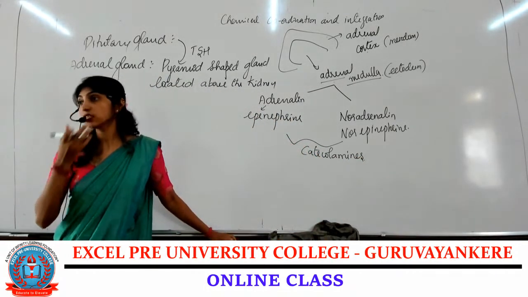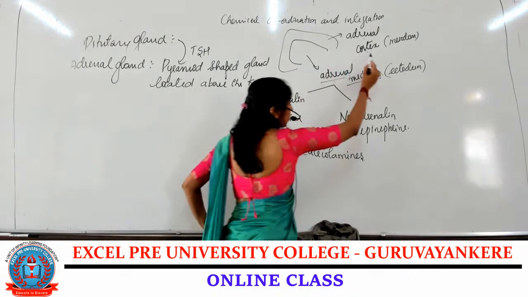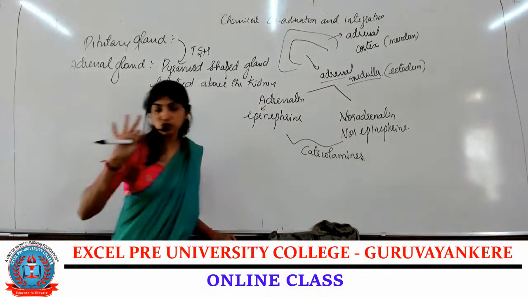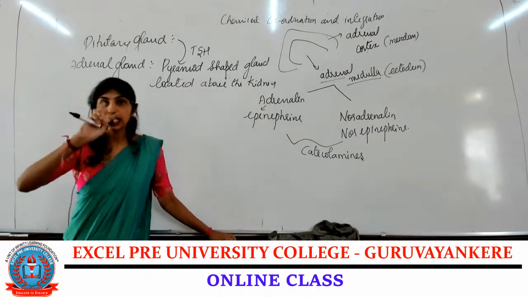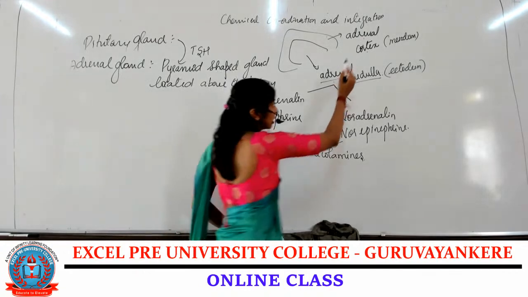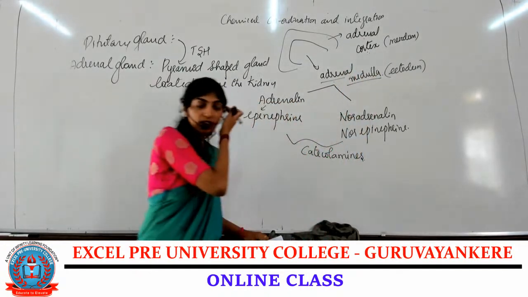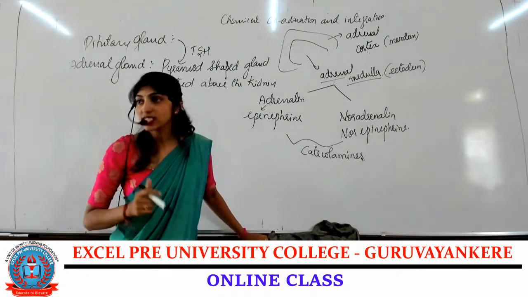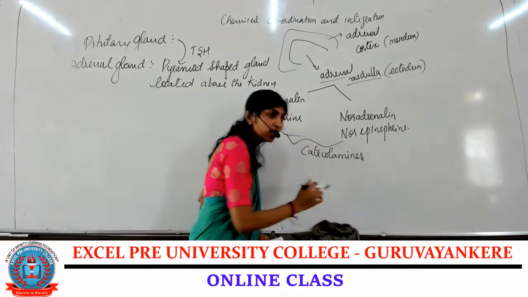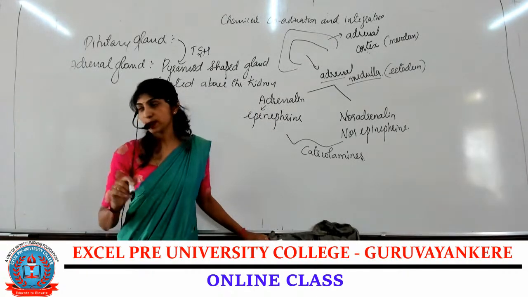These are important. Either adrenal cortex can be asked for 3 marks or adrenal medulla can be asked for 2 marks. Any one question from the adrenal gland is repeatedly asked, either adrenal cortex or adrenal medulla. If they ask adrenal cortex, it will be asked for 3 marks. If they ask adrenal medulla, it will be asked for 2 marks.